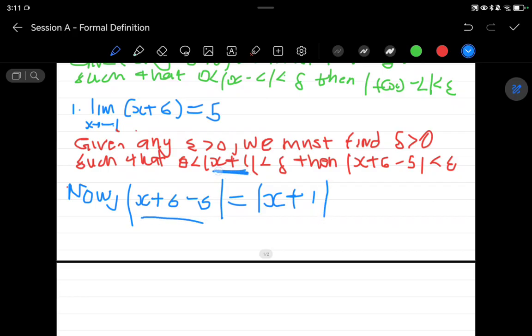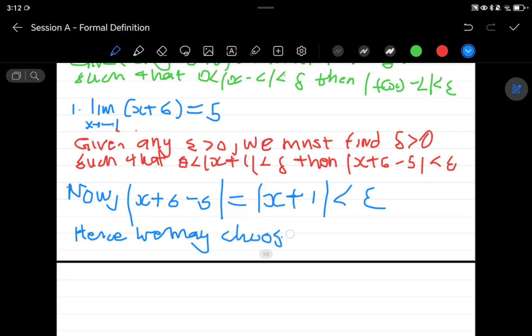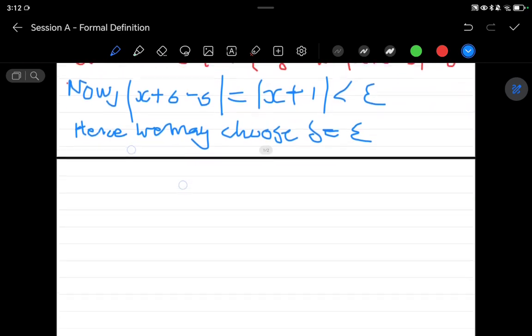When you arrive there, you can now say that this is less than epsilon. Hence, we may choose delta to be equal to epsilon.